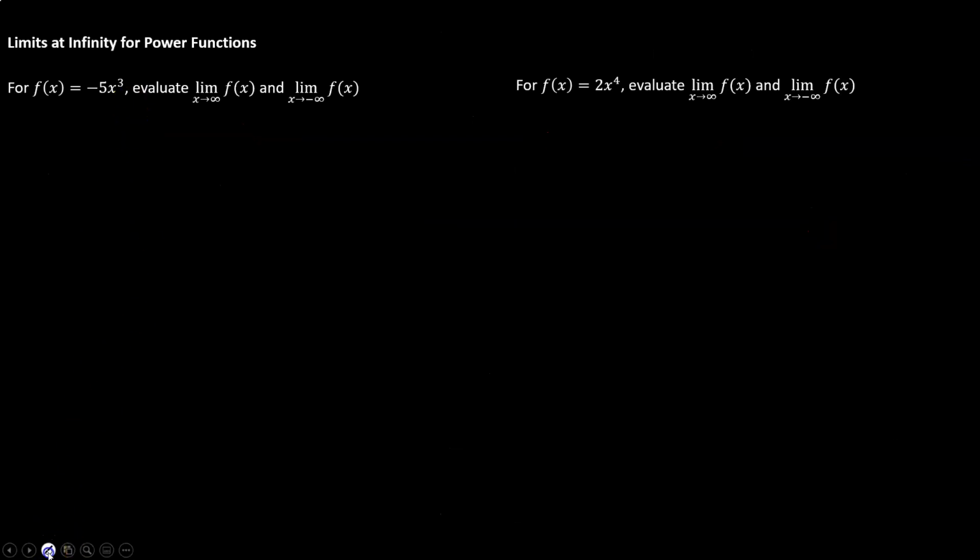Let's do an example of one. So negative 5x cubed. We'll do the limit as x goes to positive infinity, and the limit as x goes to negative infinity.